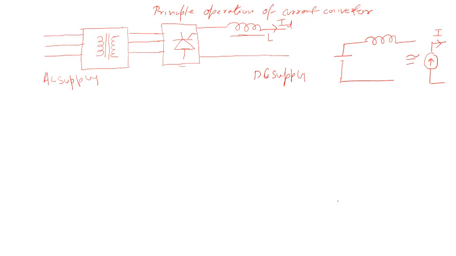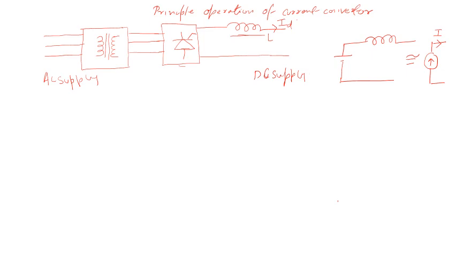So we connect a large inductor. That's why I have written the principal operation of your current converter. That means we are converting AC to DC, but in DC we are actually having constant current, or pure DC supply in current form. Okay, so that's why it is a current converter.